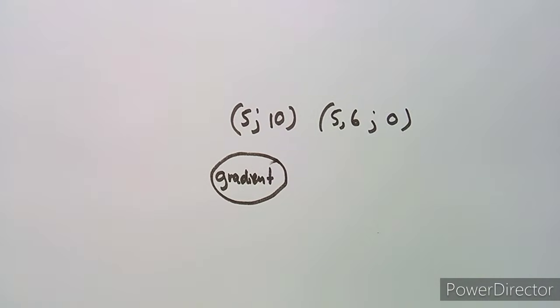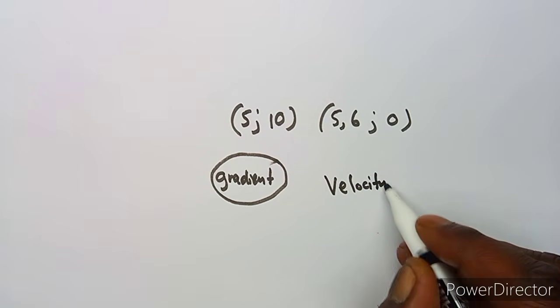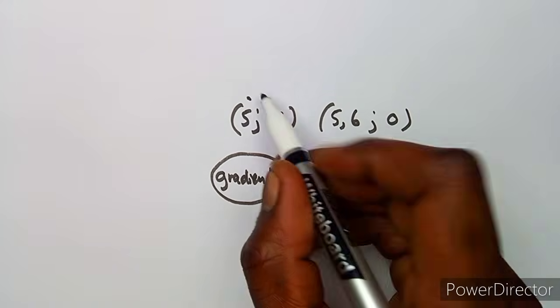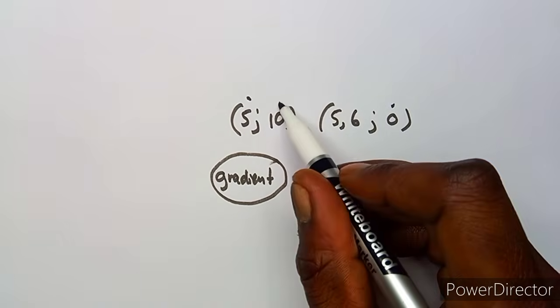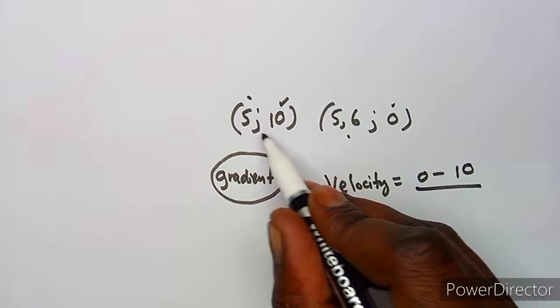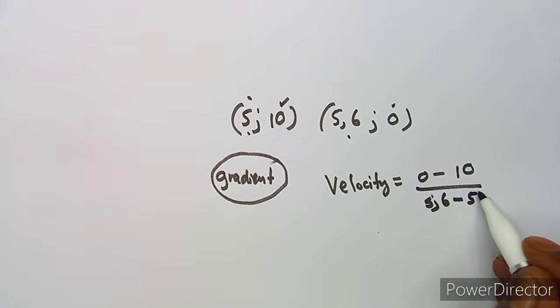The way of calculating the gradient is my velocity. So we know that gradient is the change in y over the change in x, so we are going to use y2 minus y1, which is 0 minus 10, over x2 minus x1, which is 5,6 minus 5. By doing this, guys, I'm going to obtain a certain value, which in this case is representing what?